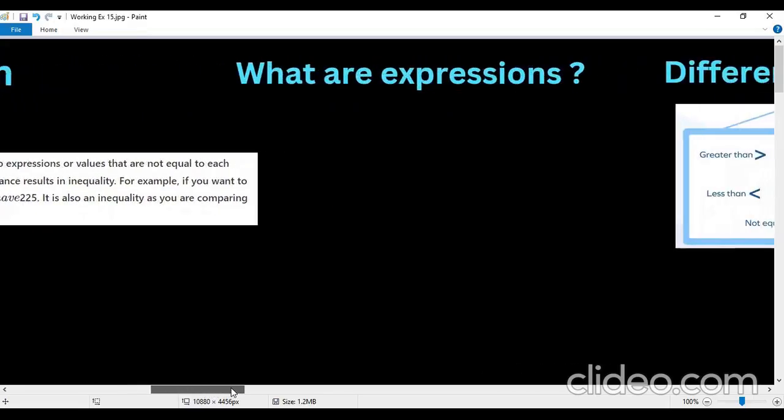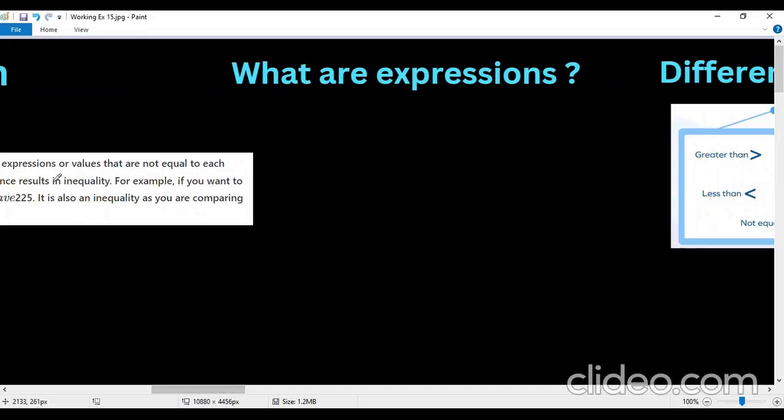Now, what are expressions? For example, m plus 5 is an expression, 3m minus 8 is also an expression, 5p is also an expression, and 2x minus 10 is also an expression. Now, how can we make an expression an equation?